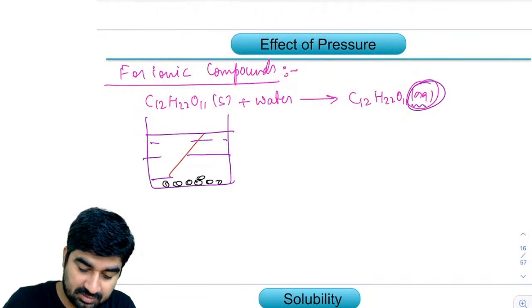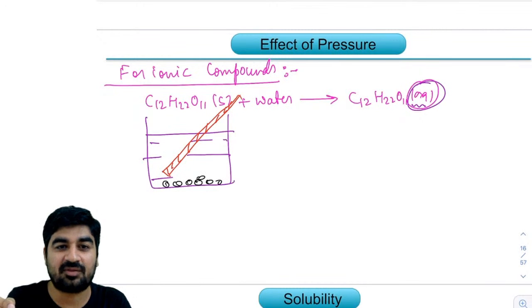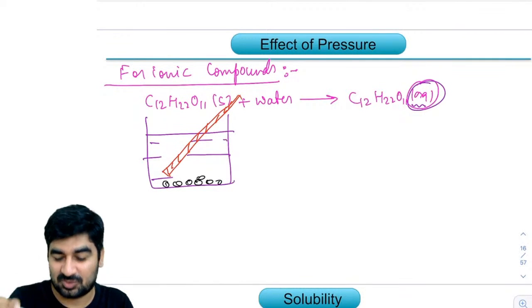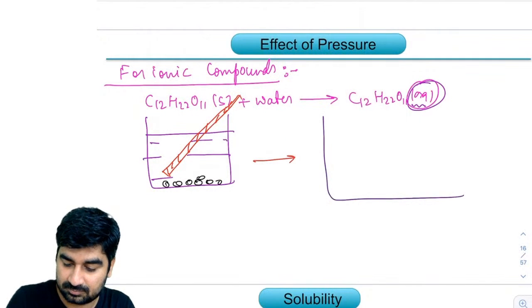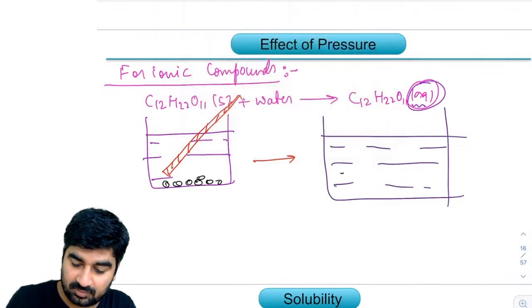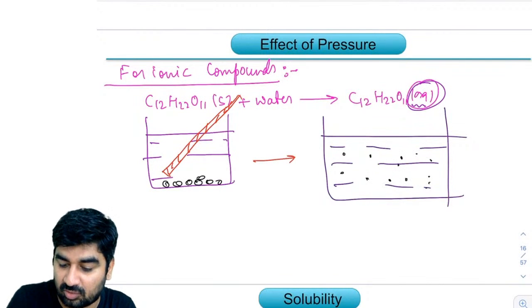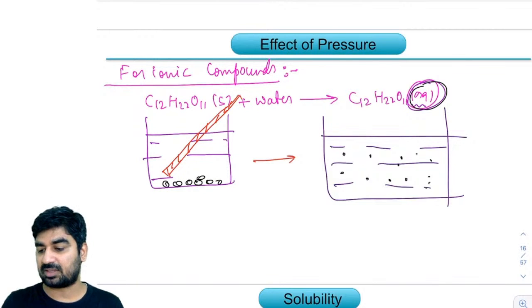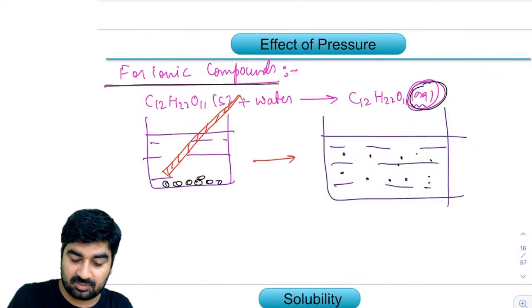Now if I take a stirrer or a spoon to stir it, after some time you will observe that in this water these small particles will be distributed everywhere, and I will call it hydrated. Or if some other solvent is there, then I will call it solvated. Okay, guys, so this is for non-ionic compounds.